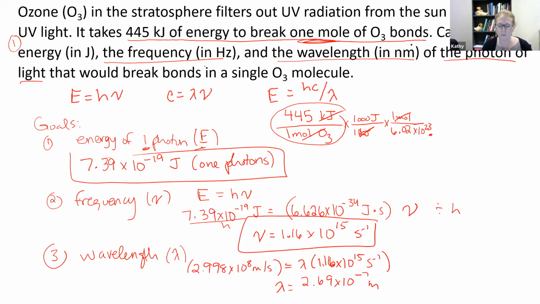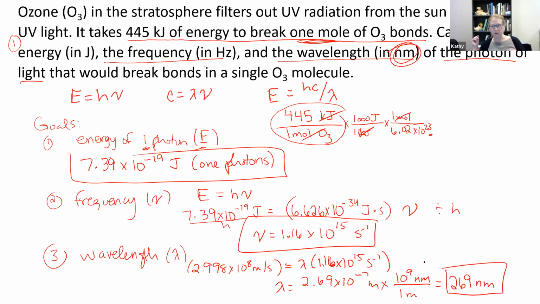What did we ask for? We asked for nanometers. Make sure you go back and check that problem. I know that 1 meter has 10 to the 9 nanometers in it. So this ends up being 269 nanometers. By the way, that's the ultraviolet range, and that's why UV light from the sun, if it goes to the ozone layer, gets destroyed because the ozone takes it out. But without the ozone layer, that comes down to us and causes problems.